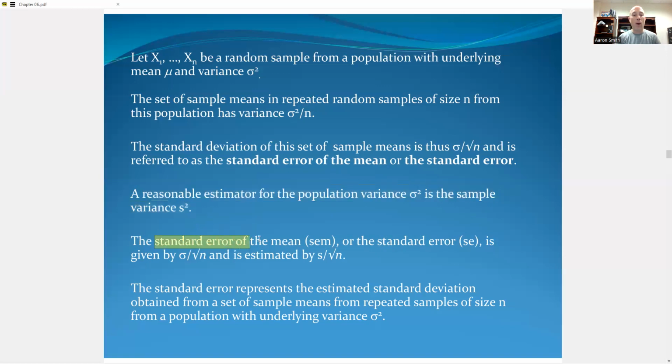The standard error of the mean, abbreviated SEM, or the standard error SE, usually I see it as SE in my work, is given by sigma divided by square root n, and is estimated by S divided by square root n. The standard error represents the estimated standard deviation obtained from a set of sample means from repeated samples of size n from a population with underlying variance sigma squared.